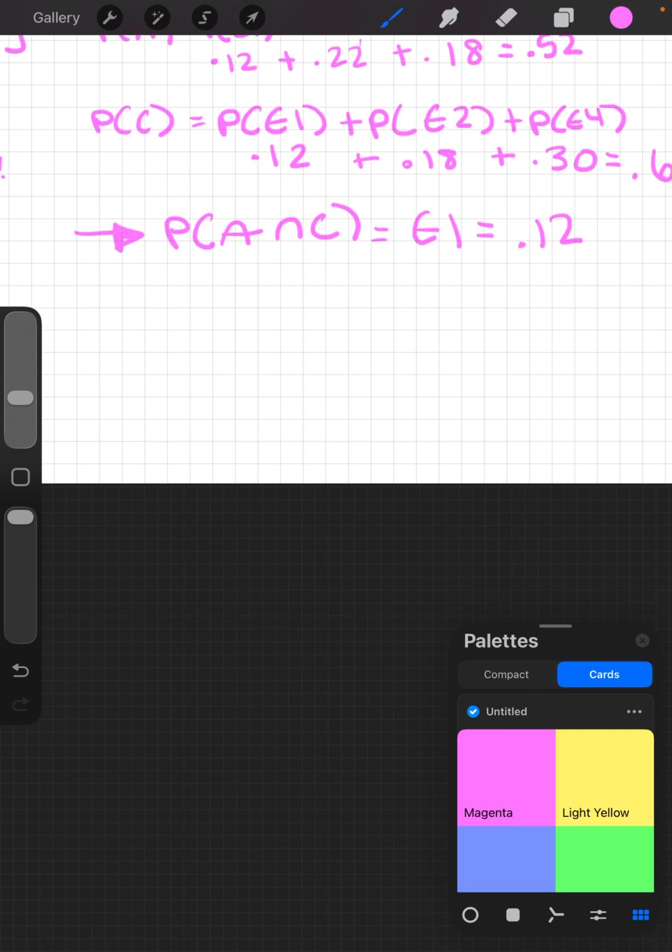So now I'm going to do P of A union C, which is equal to 0.52 plus 0.60 minus 0.12, and that is equal to 1.